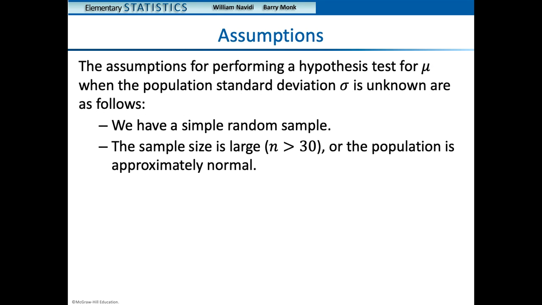So assumptions that have to be made here for performing this hypothesis test: we have to have a simple random sample, and a sample size that is large or the population is approximately normal. The same assumptions that have to be followed for the sampling distribution to follow a normal distribution.